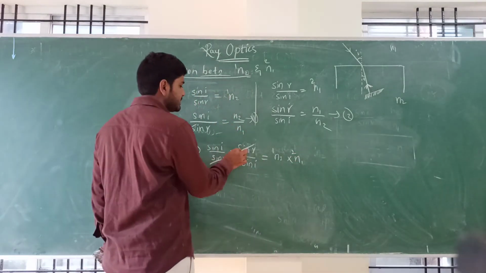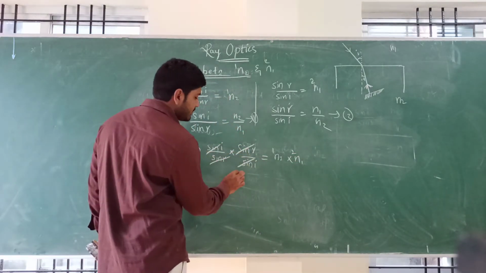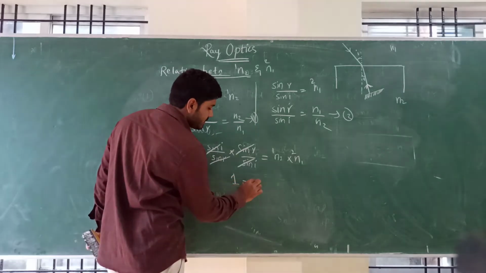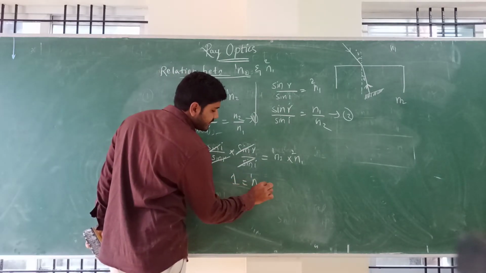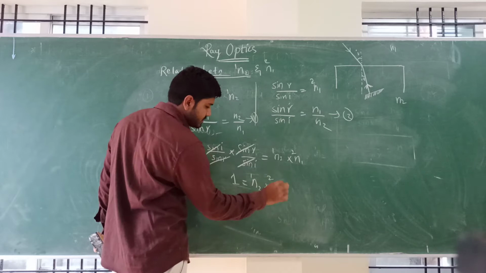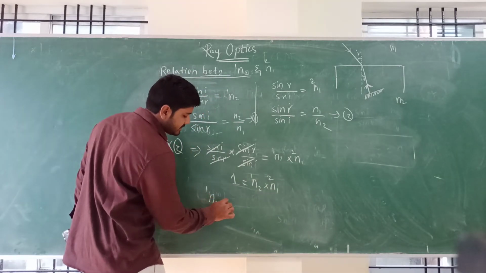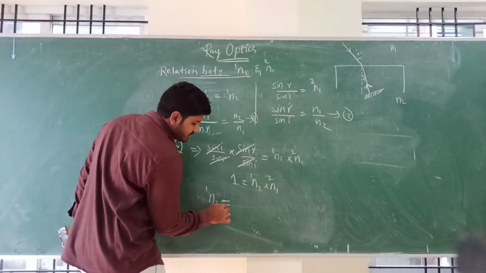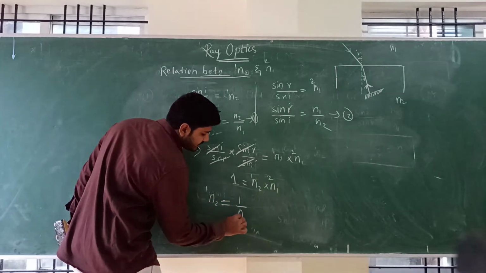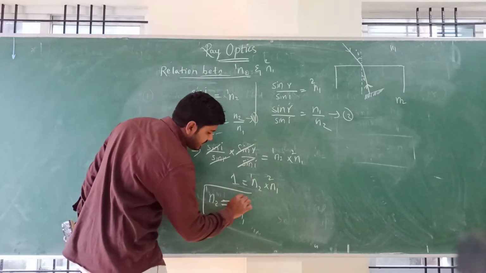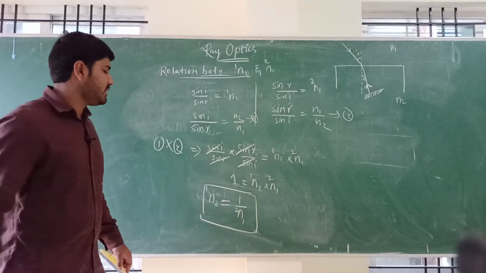So this cancels, this cancels. So finally what we have? 1 is equal to N21 into N12, right? So finally we can write N21 is equal to 1 by N12. So this is the relation between N21 and N12.